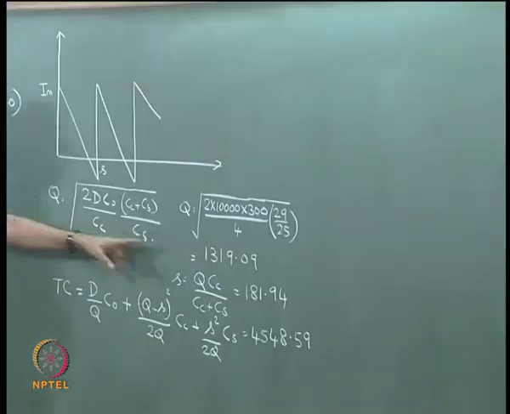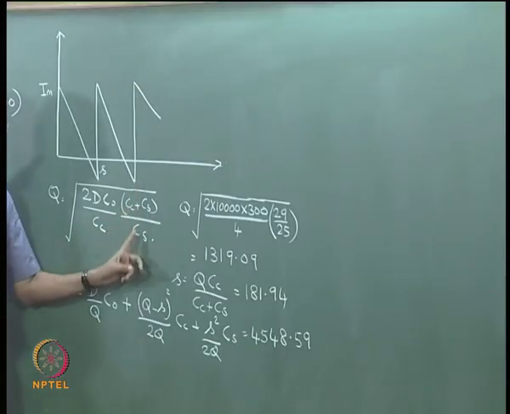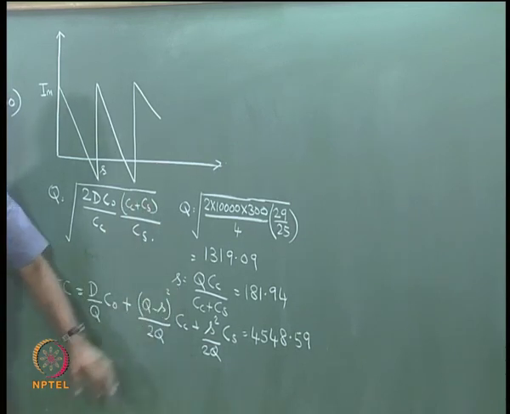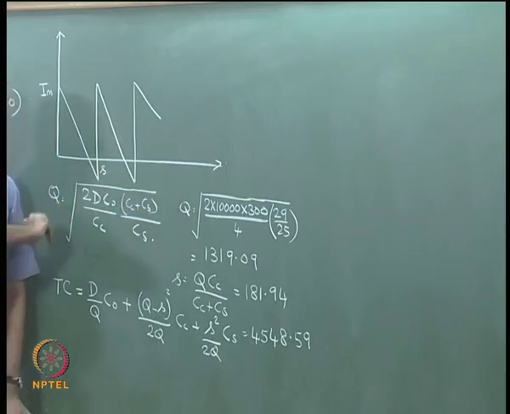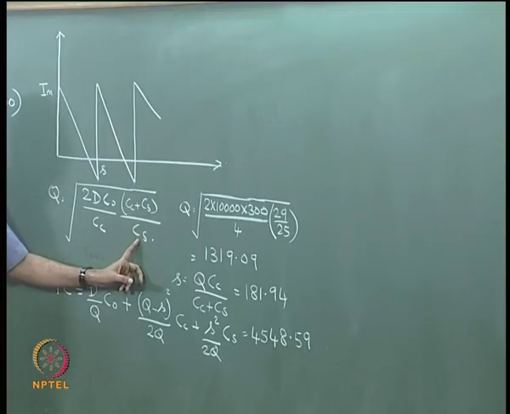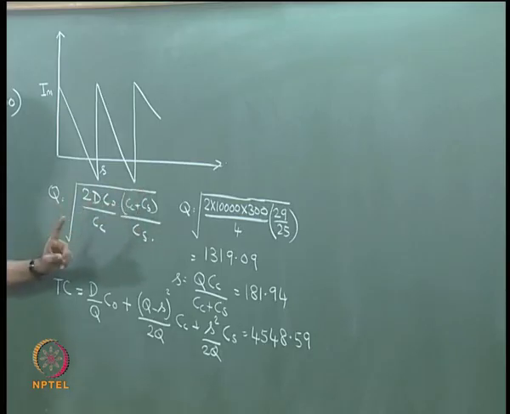The order quantity Q will be slightly higher because this is 1 plus something, and there will be a small S, and as Cs keeps increasing, (Cc plus Cs) by Cs keeps decreasing, and therefore as Cs equals infinity, it will eventually come to the old model, S will become 0 and TC will approach the other TC.